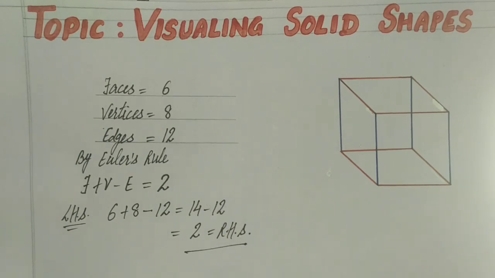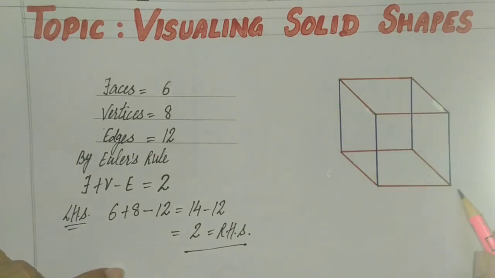Now I want to discuss one more rule to find out the faces, vertices or edges of a solid. Here, as you can see, I have drawn a cube, and now check the number of sides on the base.